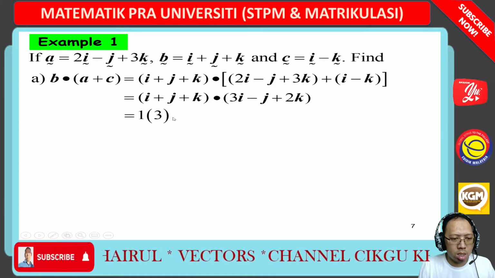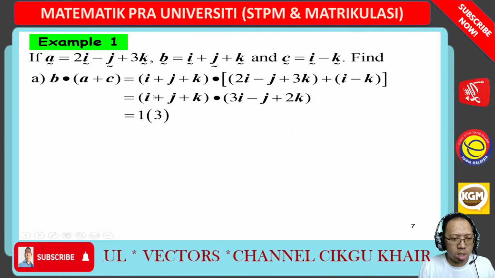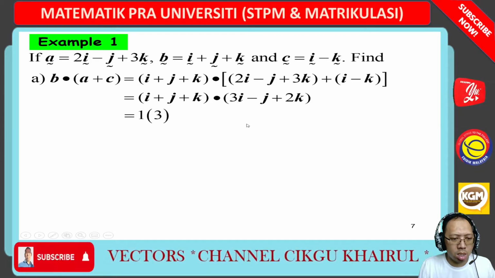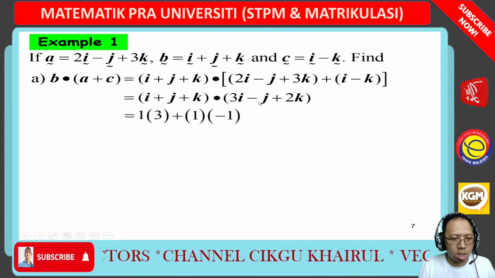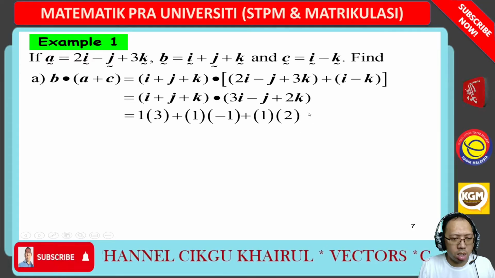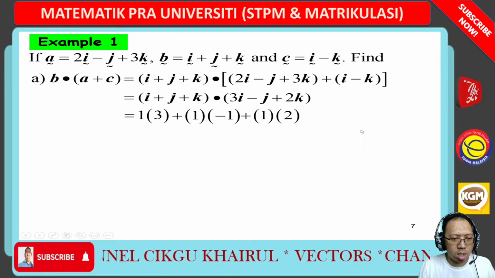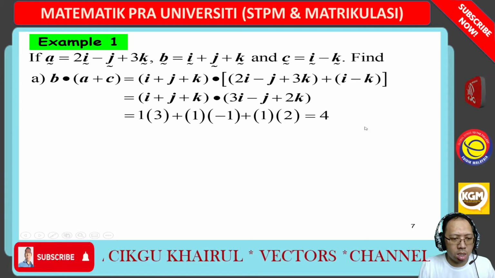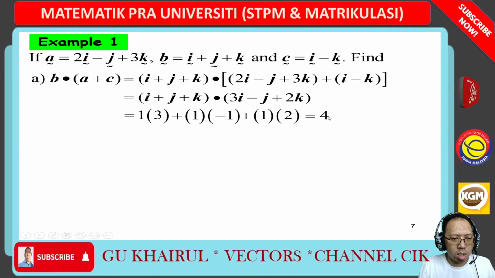So 1 times 3, because this coefficient is 1, here is 3, plus 1 times negative 1, and 1 times 2. Total all these values, we get 4.